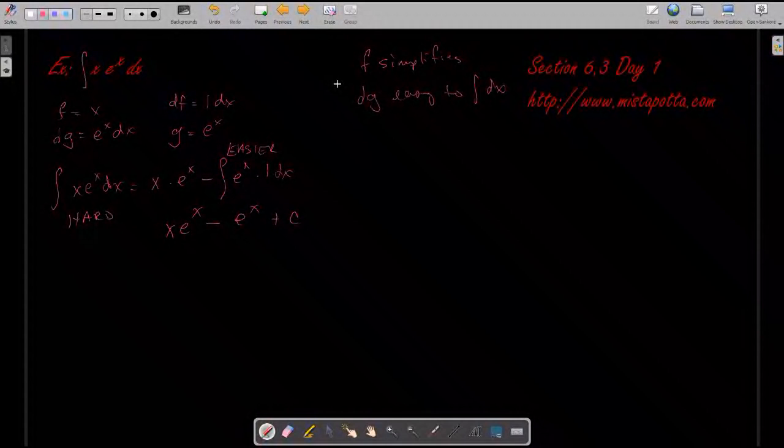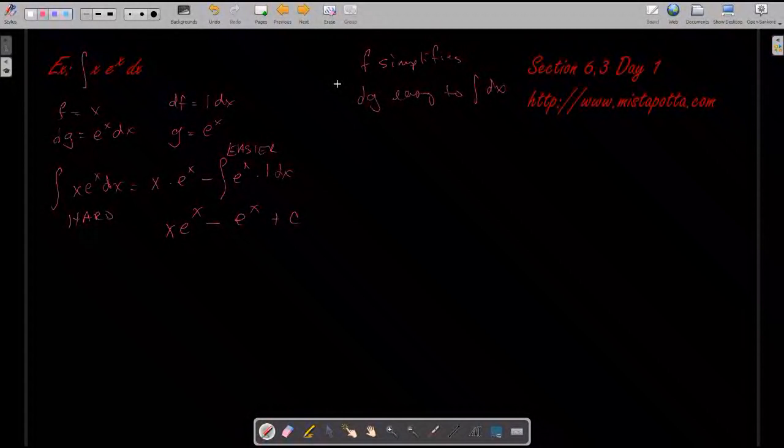But for x ln x, ln actually ends up being my f, and dg ends up involving x. So we need to go through this idea of separating my f and separating my dg. That's one of the powers of integration by parts, but that's actually the hardest part of integration by parts.